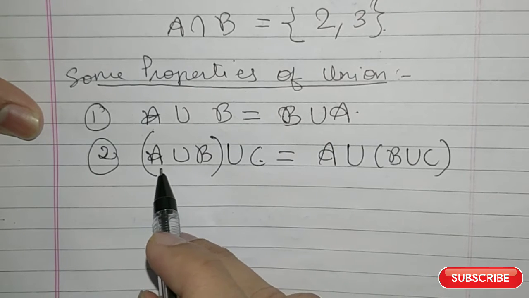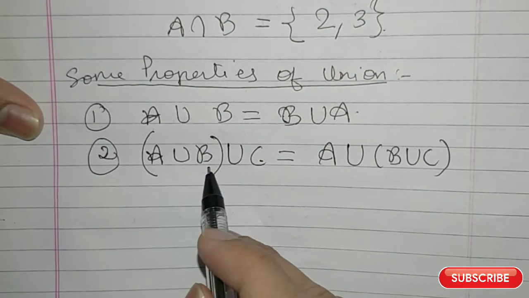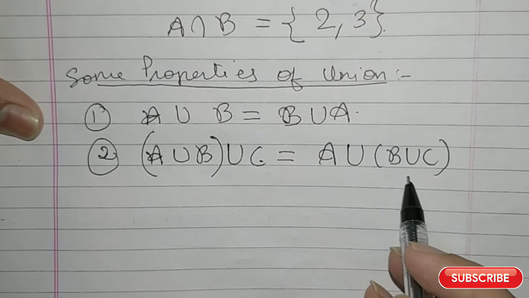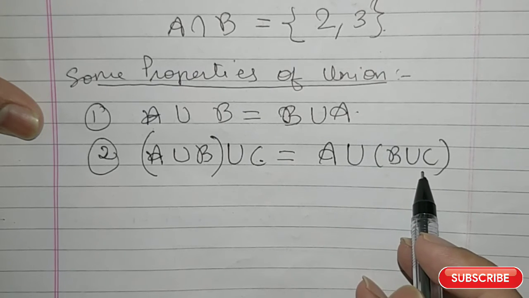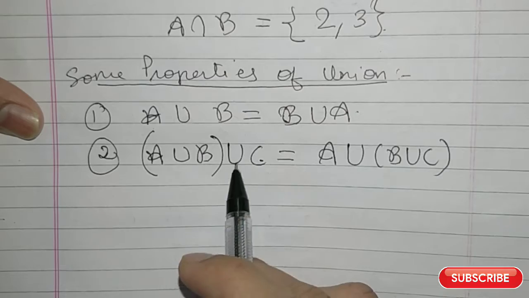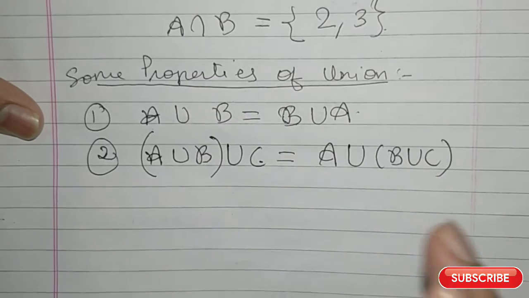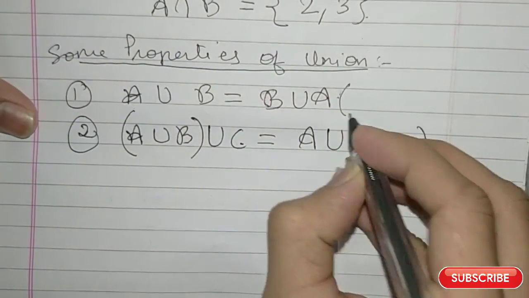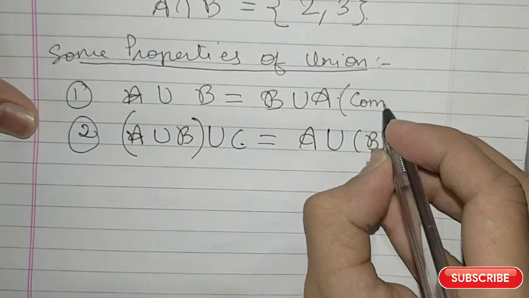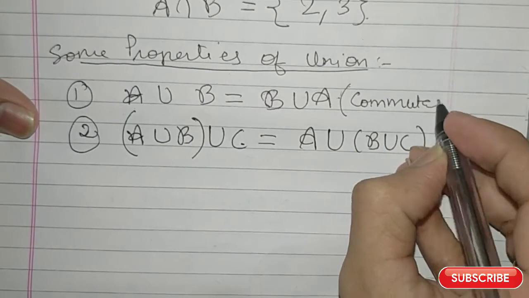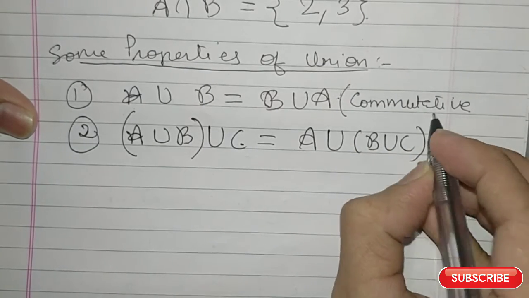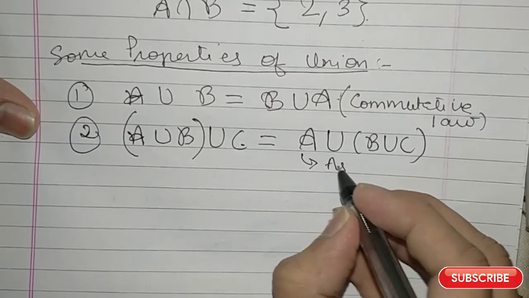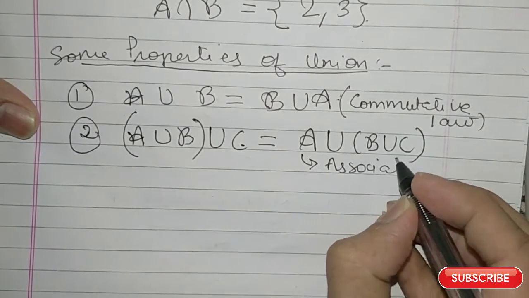If you write the bracket this way, that means this operation is taken first, and if you write the bracket here, that means this operation is taken first. But both the answers are the same. So the first property here is called the commutative law, and this one is the associative law.